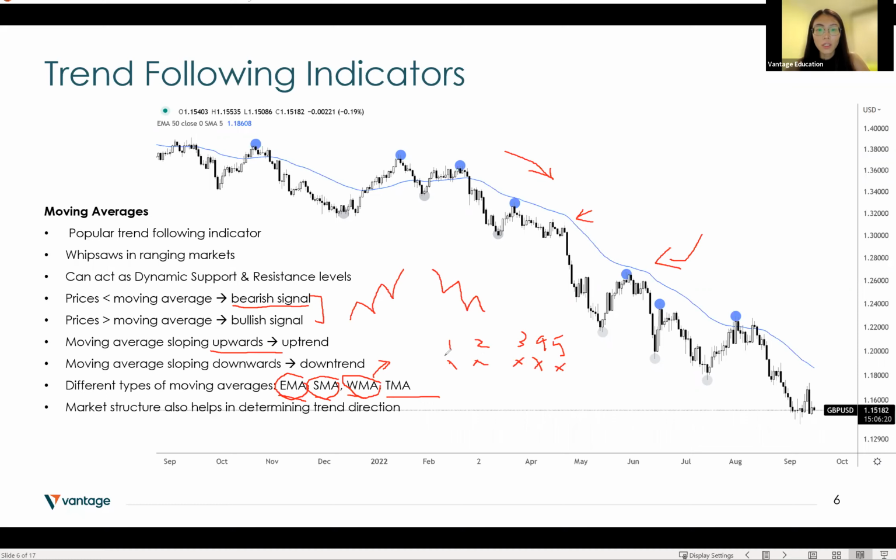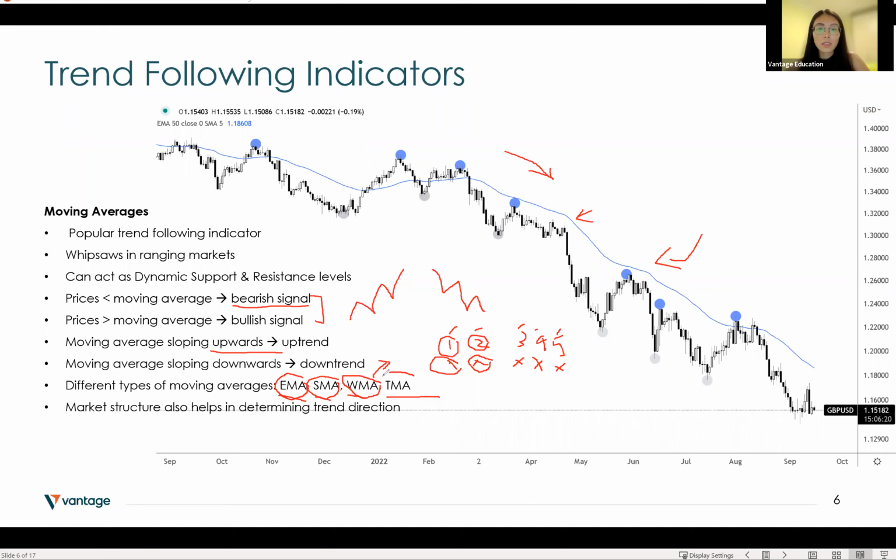You take the weight of the first day multiplied by the price, likewise for the second day multiplied by the price, and so on and so forth, and then divide by the sum of the weights. So this is a weighted moving average.